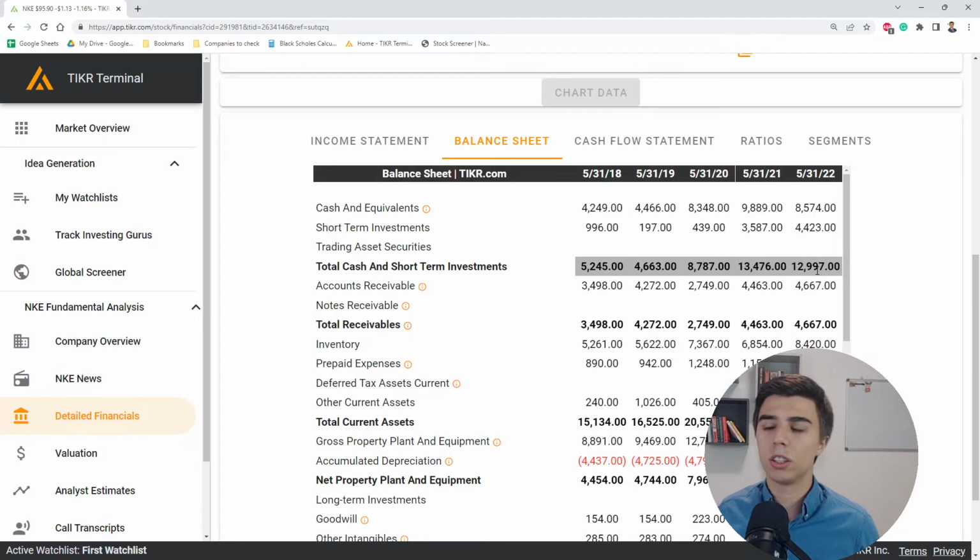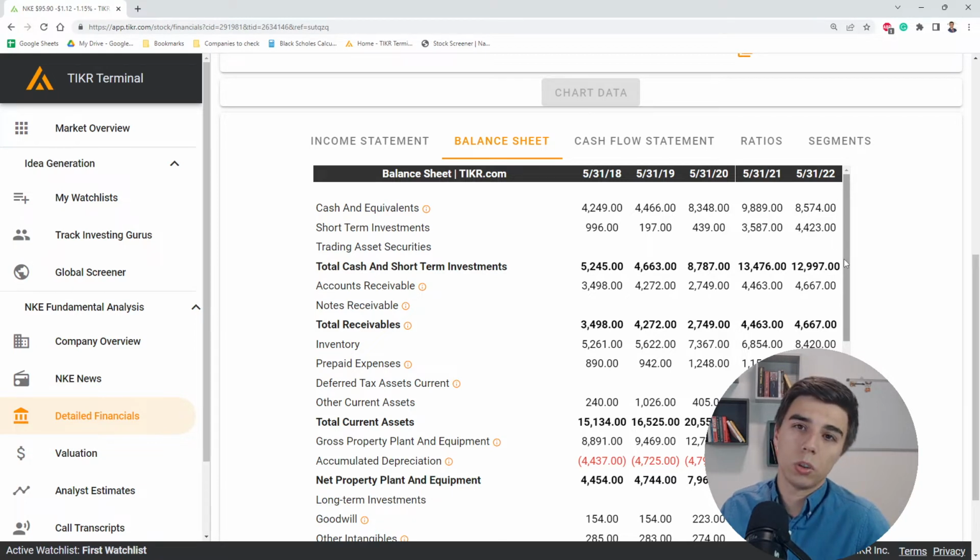Having excess cash isn't, of course, bad necessarily if they're about to put it to good use, but if it's there on the balance sheet for a couple of years, now we see it for 2 years, it's not creating value for the shareholders, and it might even be better just to pay them back as either a special dividend or buyback shares.